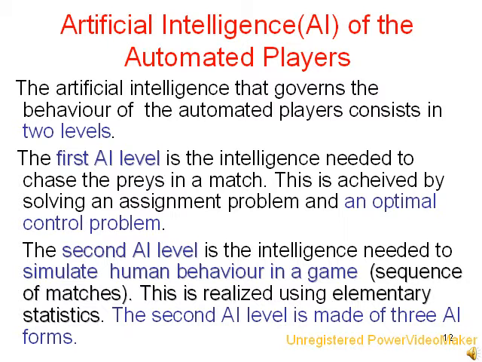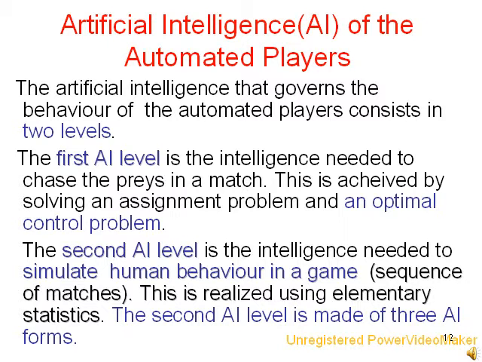Artificial intelligence of the automated players. The artificial intelligence that governs the behavior of the automated players consists of two levels. The first artificial intelligence level is the intelligence needed to chase the prey in a match. This is achieved by solving an assignment problem and an optimal control problem.